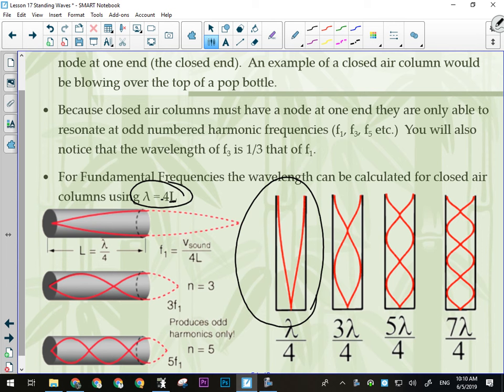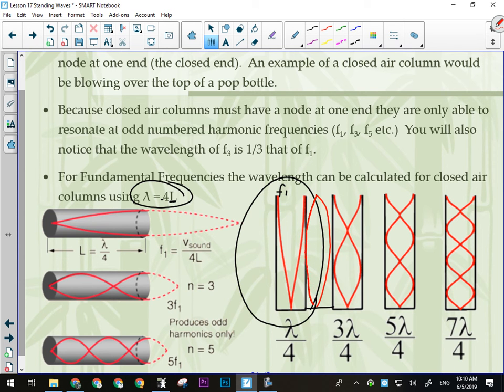The other thing we need to remember about closed air columns is that they only resonate at which frequencies? This is F1. F2 has a waveform that looks like this.